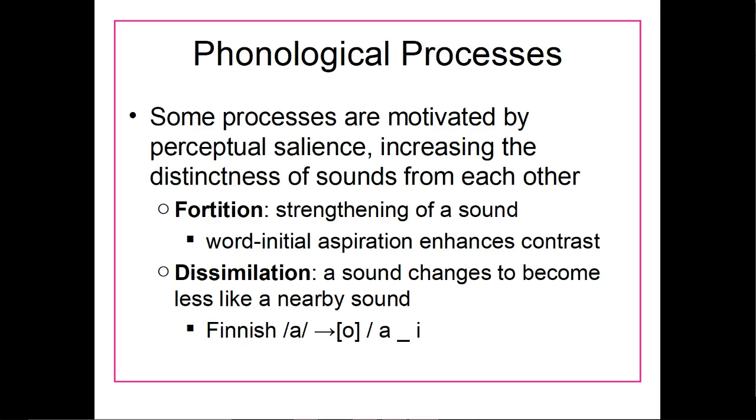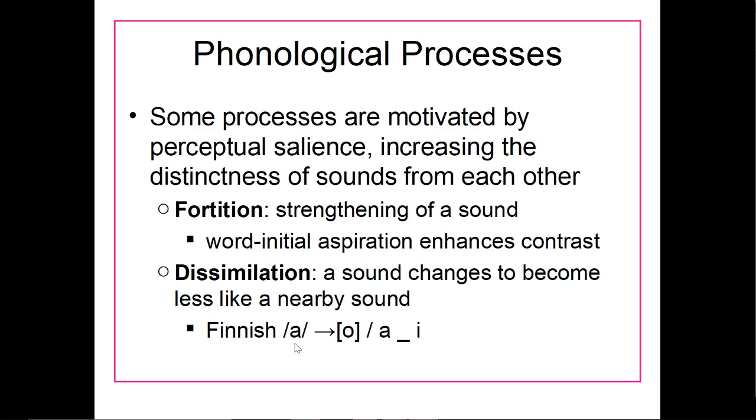Dissimilation is another thing where a sound might change to become less like a nearby sound. So in Finnish, they have this process happening where sometimes the underlying vowel a will become an o vowel when it is in between an a and an e.